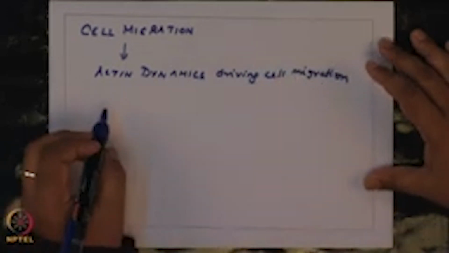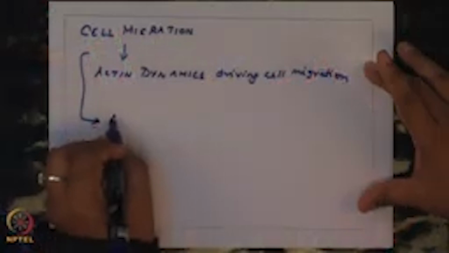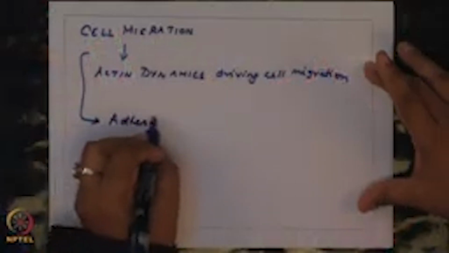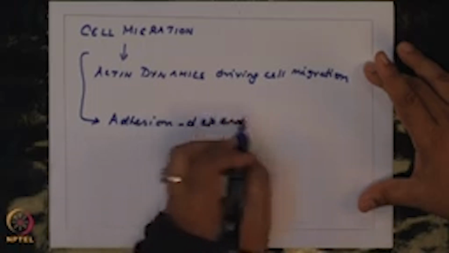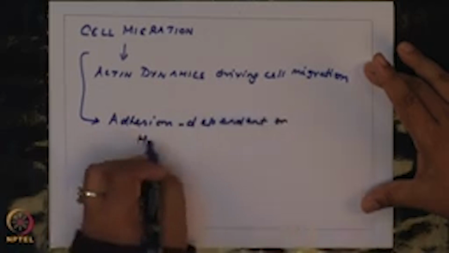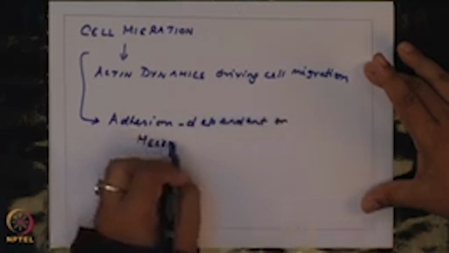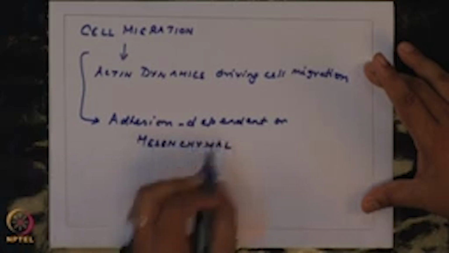If I were to draw the individual steps for a cell to migrate, the type of migration that we are talking about is called adhesion dependent, or mesenchymal, migration.